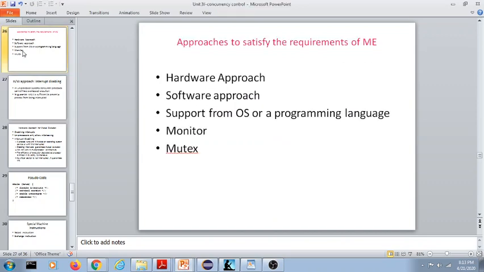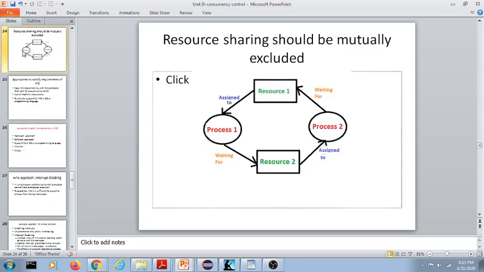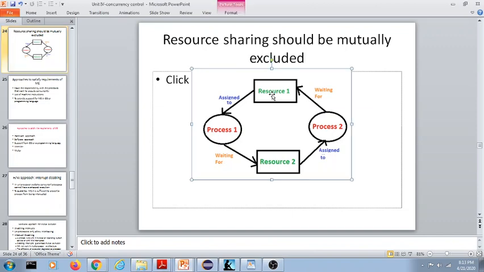Very simple thing. In this hardware approach, we are discussing the disabling of interrupts. This approach works well with uniprocessor systems, in which there are no multiple processors. Suppose resource 1 is being used by process 1. Whenever resource 1 is allocated to process 1, we will disable all the interrupts.